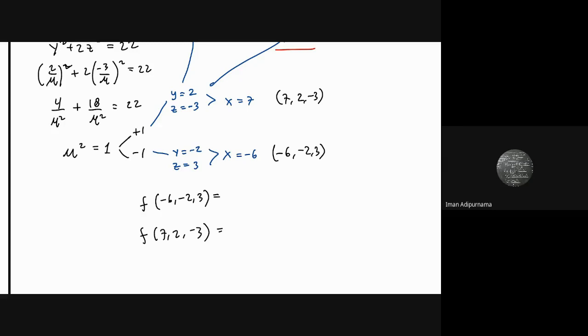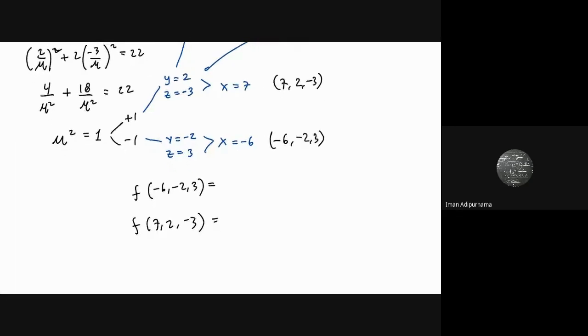Okay, back to these functions. This will be -42, and this will be 46 if you check. And if you compare with maybe other points, maybe 1, 1, 1, or maybe 0, 0, 0, you can prove that this is the minimum and this is the maximum.